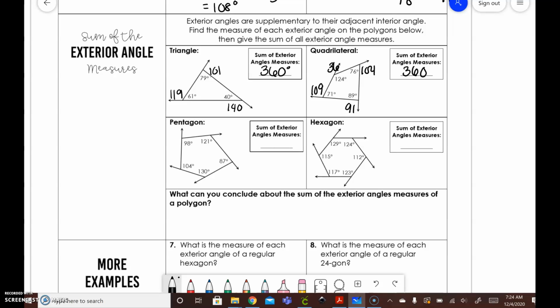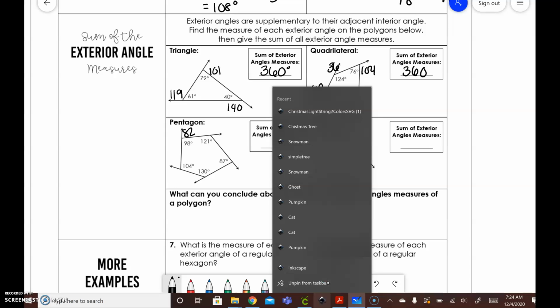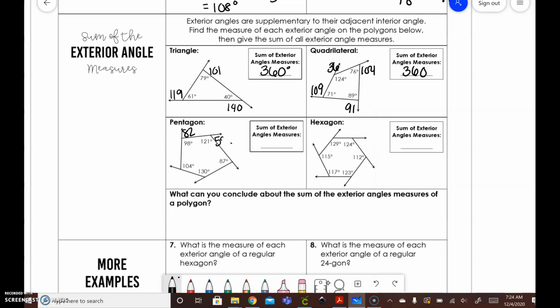Is it a coincidence? I don't know. Let's try it again. We have 82, 59, 93, 50, and 76. Add them all up, 360. Let's try one more and let's see.